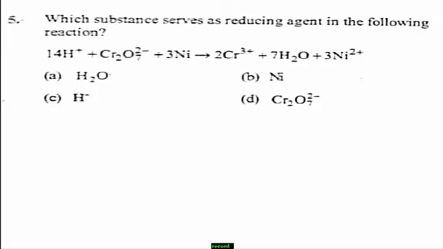The given reaction is 14H+ plus Cr2O7 2- plus 3Ni, nickel, gives 2Cr3+ plus 7H2O plus 3Ni2+. The given options are option A H2O, option B nickel, option C H+, option D Cr2O7 2-. Which one is the right answer?